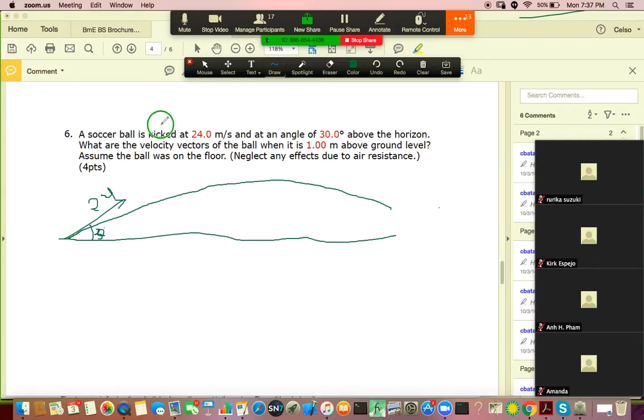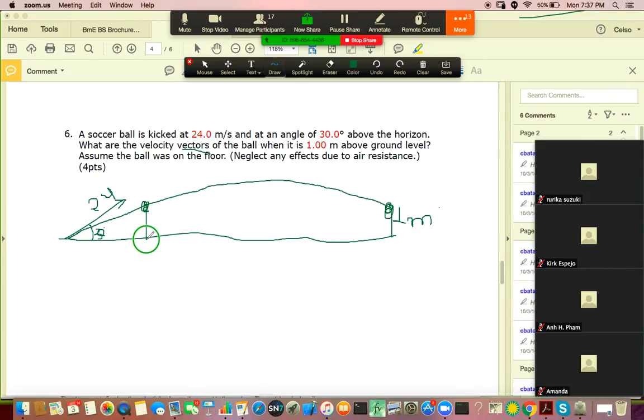And what are the velocity vectors? So there are two. When it is 1 meter above the ground. So this point, right? It is 1 meter above the ground. But look at this. This point also is 1 meter above the ground.